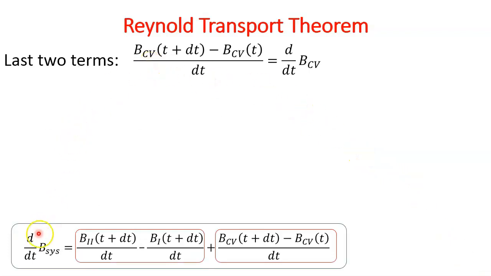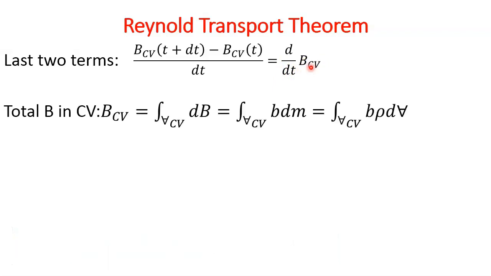The last two terms in our last equation are B CV at t plus dt minus B CV at t, upon dt. This is in fact by definition the rate of change of the extensive parameter B in the control volume, which appears on the right side. Now the total B in the control volume we can obtain as B CV by integrating dB over the complete control volume.